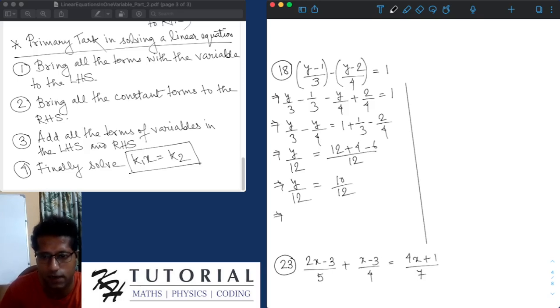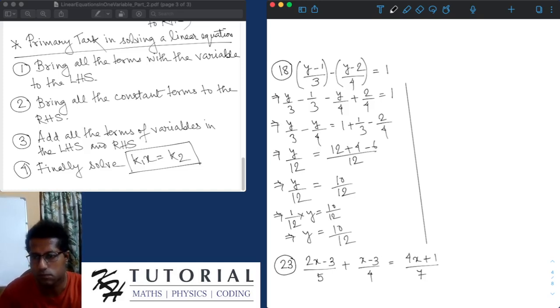Now from here, y by 12 is nothing but 1 by 12 into y, which equals 10 by 12. This implies y equals 10 by 12 divided by 1 by 12. We know that for numbers a and b, where b is a non-zero number, a divided by b is nothing but a multiplied by the reciprocal of b, that is 1 by b.